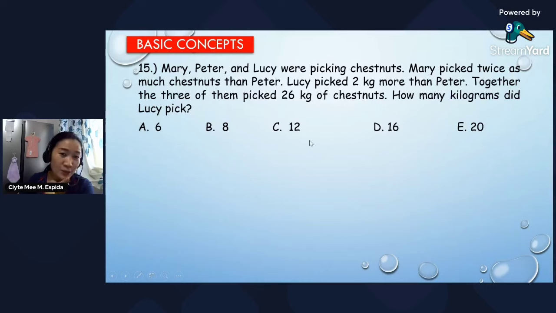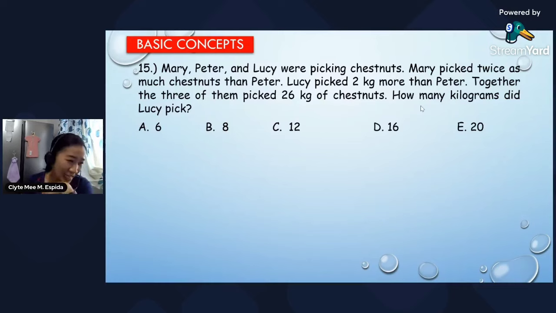So, pag 12 si Lucy, meaning 10 si Peter. Twice naman kay Mary, 20. 12 plus 10 plus 20, that's 42. So, ibig sabihin, hindi sagot si C. So, the correct answer is B po, sure na sure.